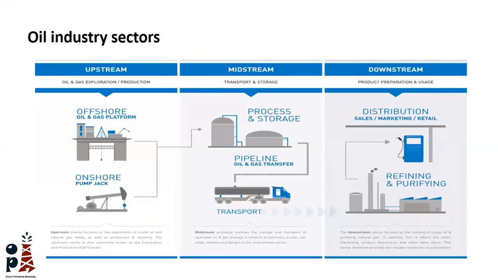The midstream sector is composed of transportation and storage companies, which transport products like oil and gas through trucking, pipelines, and shipping. And finally, downstream is composed of refineries, which deliver the final products, such as gasoline and jet fuel, to the end consumer.